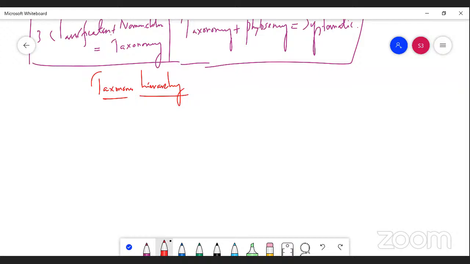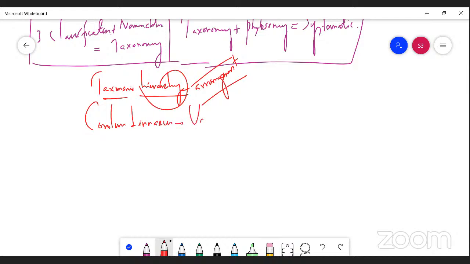Taxonomic hierarchy. Hierarchy means arrangements. So, who was first to use the term taxonomic hierarchy? Yes, Carolus Linnaeus. What is the definition of taxonomic hierarchy?